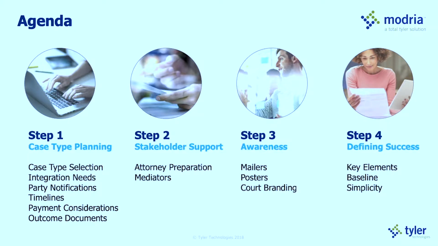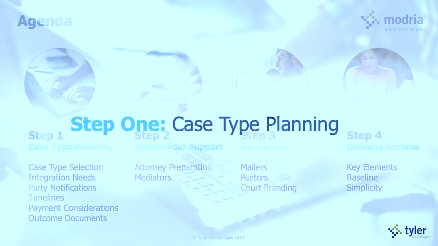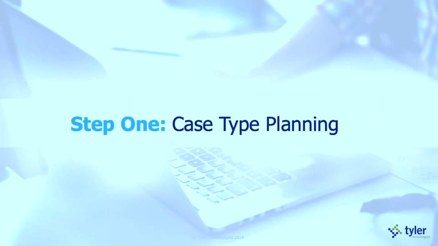We will go into some awareness campaigns and some of the things that are important to get other people aware of what's happening and changing within the court. And then we'll end on how to define success and understand what you need to start doing in preparation for any kind of go live, so that you're prepared to actually define your metrics and understand what those mean.